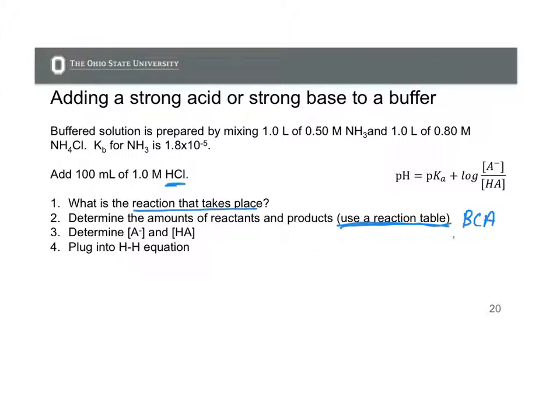In this type of table, we're going to use moles. Okay, we're not going to be using concentration. This goes back to chapter 4, I think, something like that. After we do that, after we react our strong acid with our buffer, we're going to go back and determine our acid and conjugate base, and then we're going to plug that into the Henderson-Hasselbalch equation.